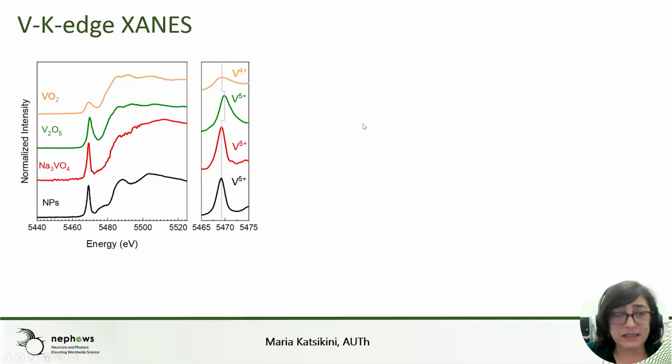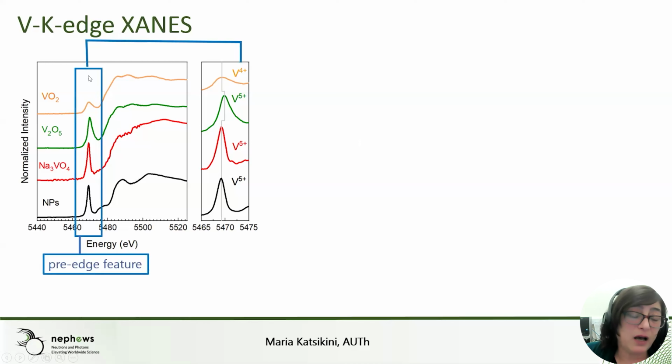Now, let's start the discussion with the XANES spectra at the vanadium K edge, and this is the spectrum that corresponds to the nanoparticles. In order to obtain information on the oxidation state, we usually use this pre-edge feature, which is called a pre-edge peak.